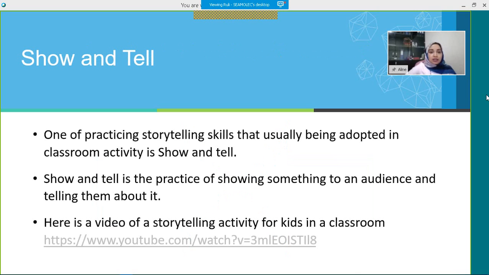Now we enter the information about show and tell. One way of practicing storytelling skills, usually adopted in classroom activities, is called show and tell. It's basically the practice of showing something to an audience and telling them about what you show.